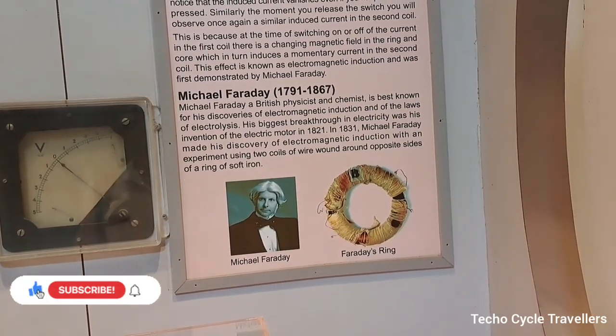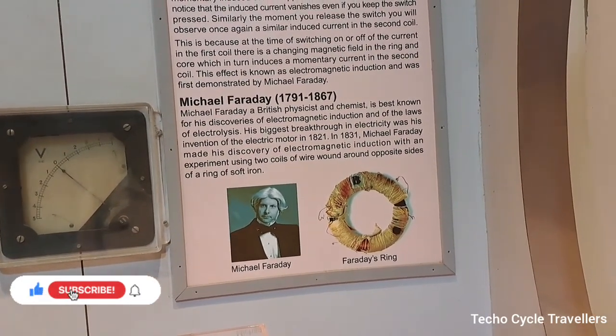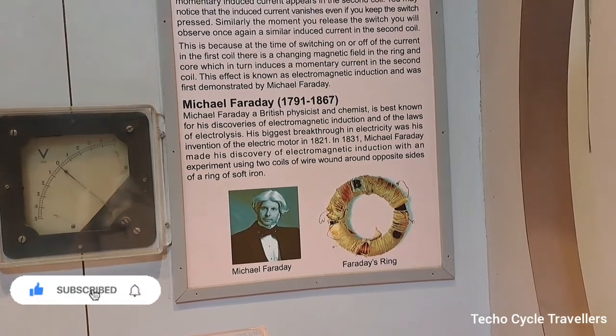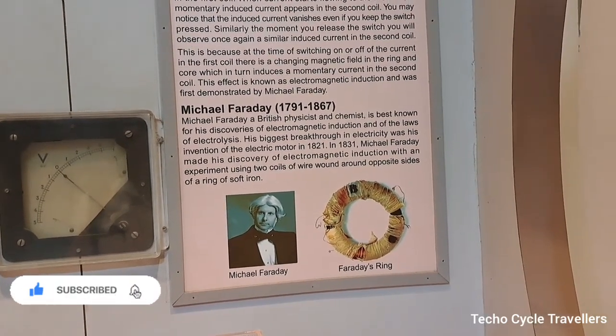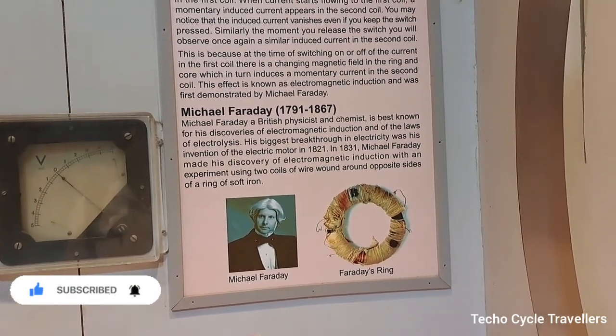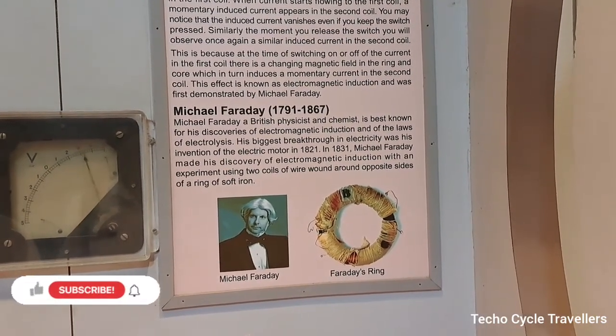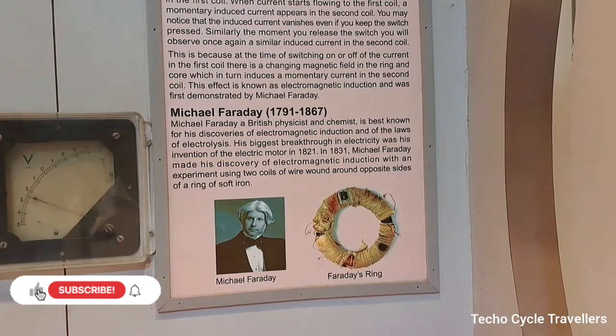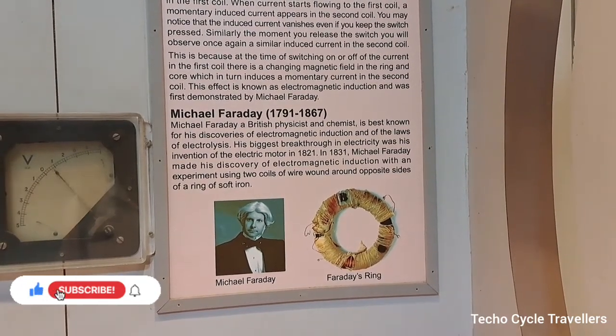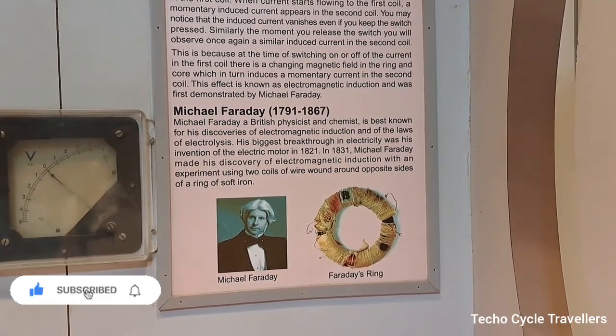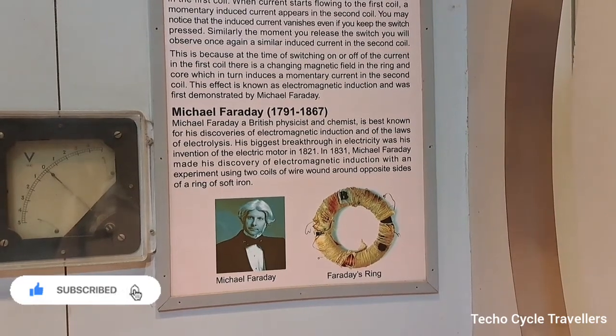When current starts flowing in the first coil, a momentary induced current appears in the second coil. You may notice that the induced current vanishes even if you keep the switch pressed. Similarly, the moment you release the switch, you will observe once again a similar induced current in the second coil.